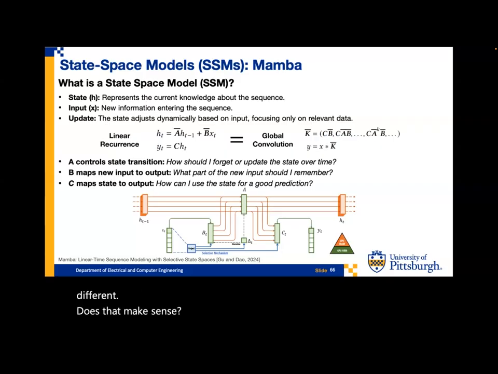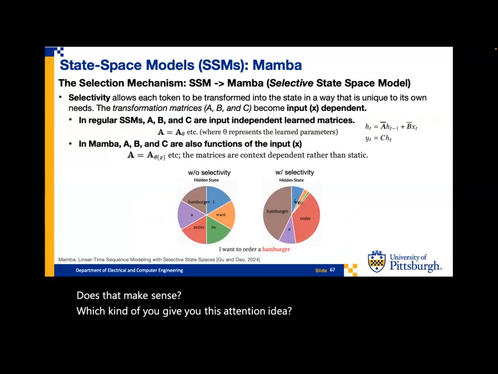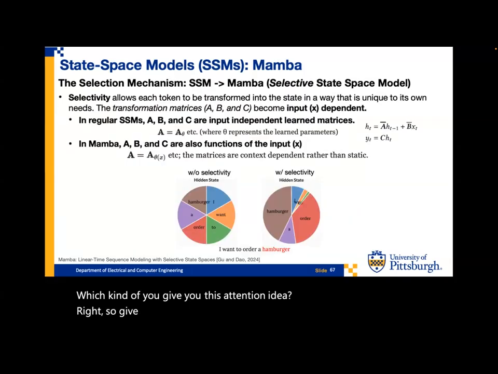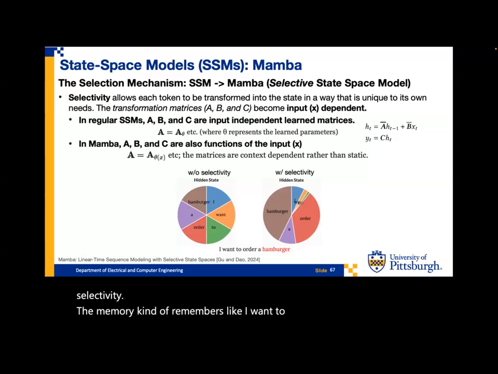Which kind of gives you this attention idea, right? So for example, without selectivity, the memory kind of remembers like I want to order a burger, okay?